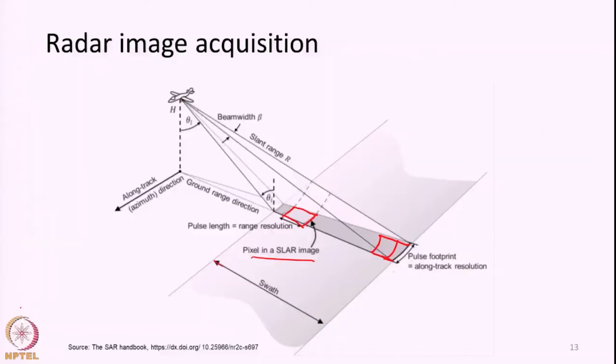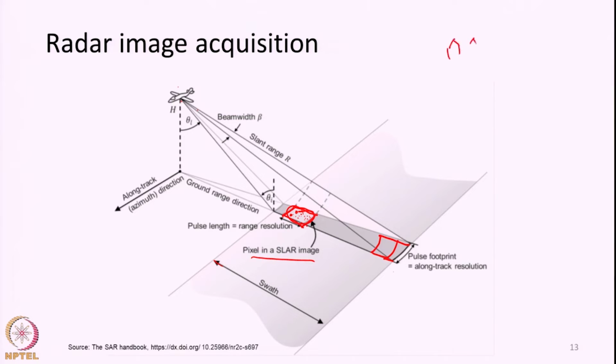So, here the concept of resolution is, if there are more features within one pixel element, that is defined by this range and azimuth resolution. Let me go back to one slide. Whatever features are present within the same pixel element defined by the range and azimuth resolution will produce one single power return, recorded as one single power unit. Whatever the total power reflected by the signal here will be recorded as one single value here. So, most likely the features present within this single resolution element may not be resolved independently.